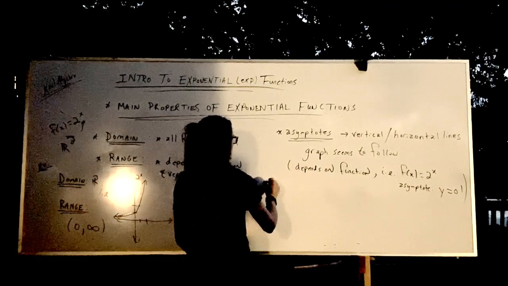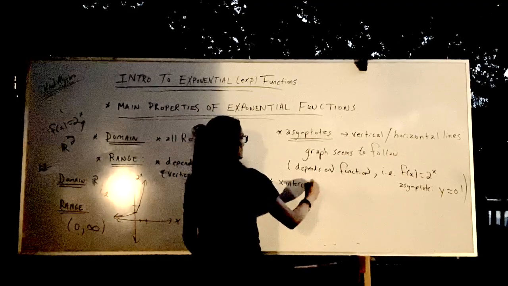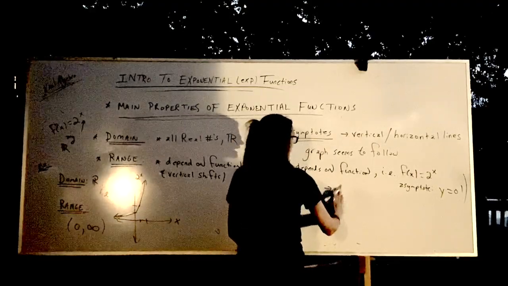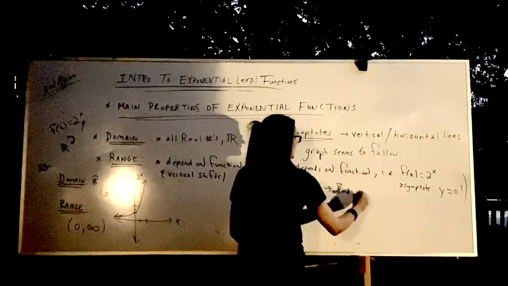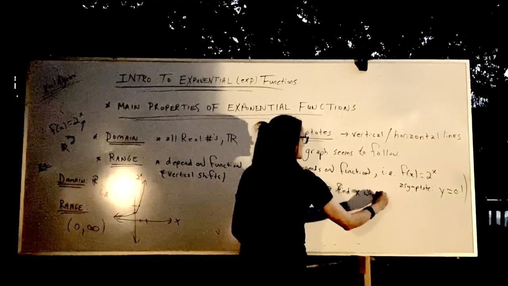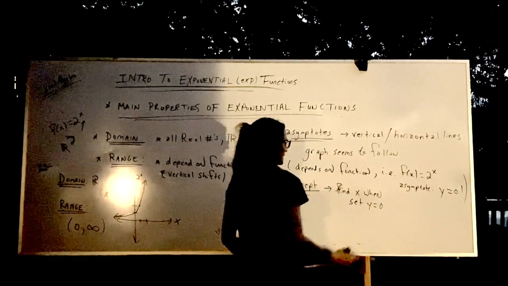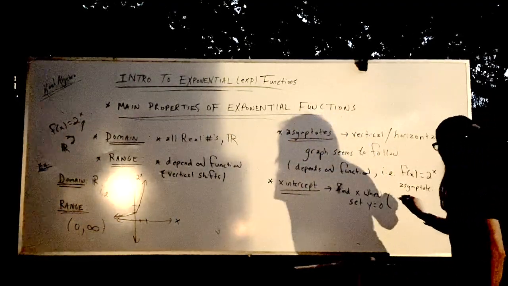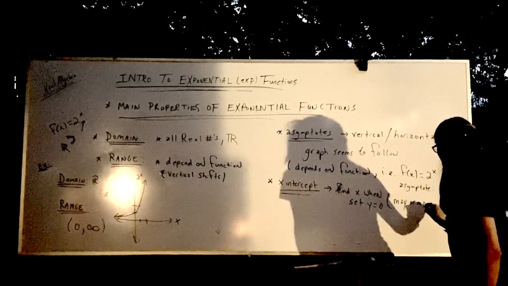Now the other properties are your x-intercept. You don't always have one, but the x-intercept is where you find x when you set y equals 0. And for exponential functions, you may or may not have one.